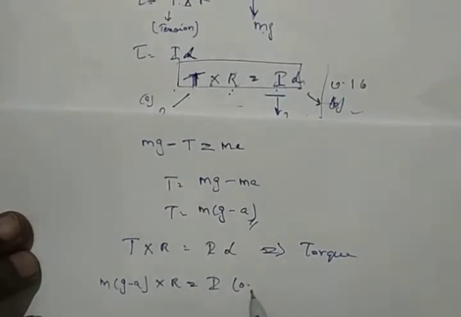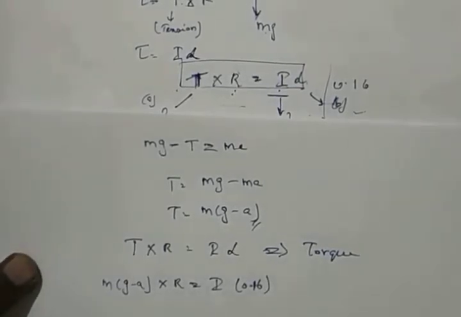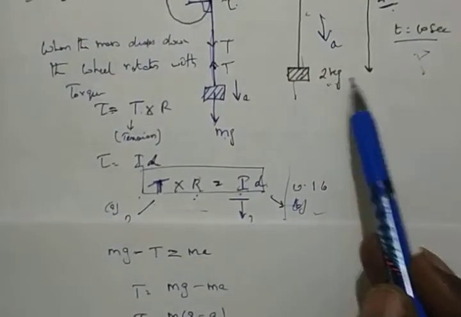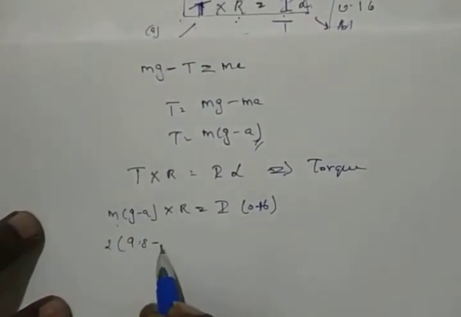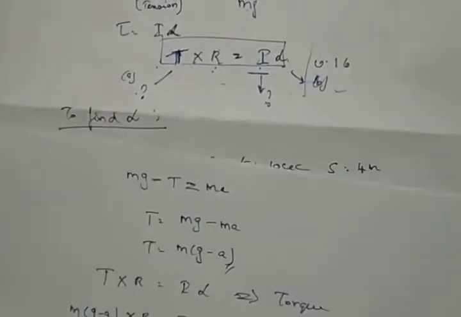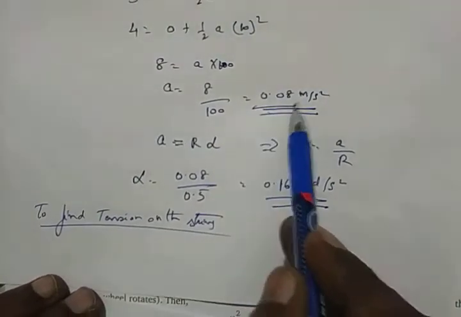Right. Now you need to substitute all of them. What is mass? Mass is the mass of the body which is coming down. This mass, 2 kg, right? 2 into 9.8 minus what is A? Acceleration, already we found out the value of A. A we have found it as 0.08.